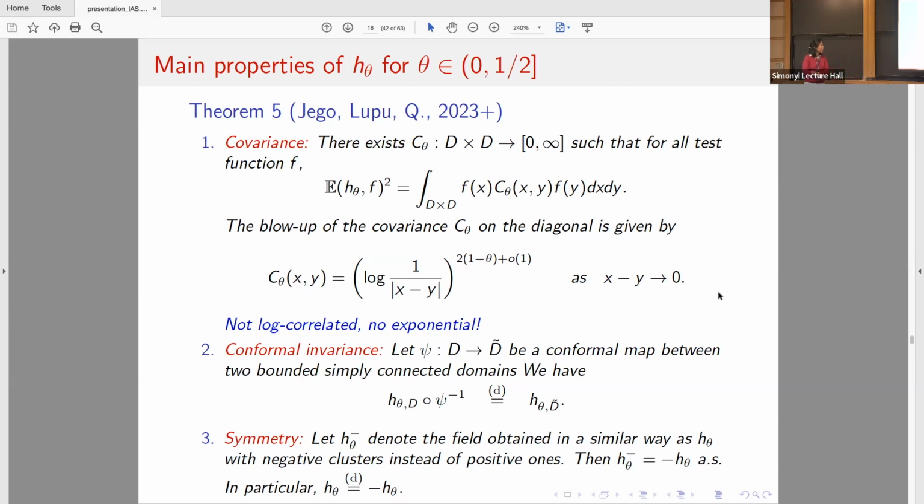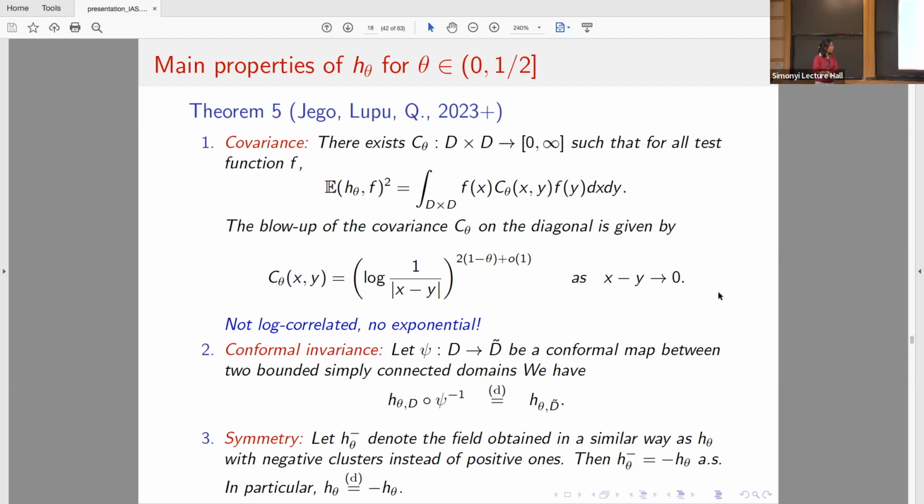And this power, as you see, if theta is strictly smaller than 1/2, is a fractional power of the log. So in particular, this field H theta is not log correlated, so it is not possible to take the exponential of this field.